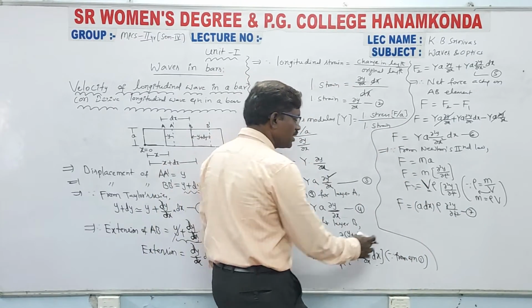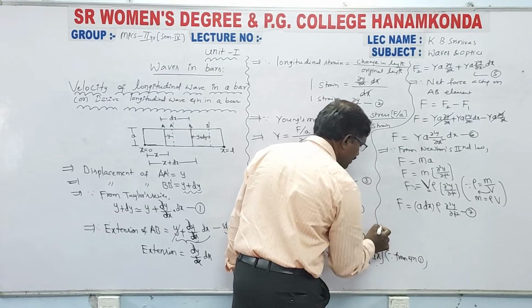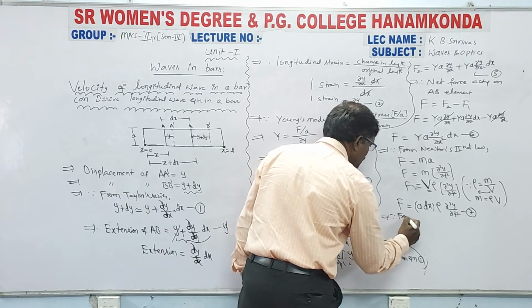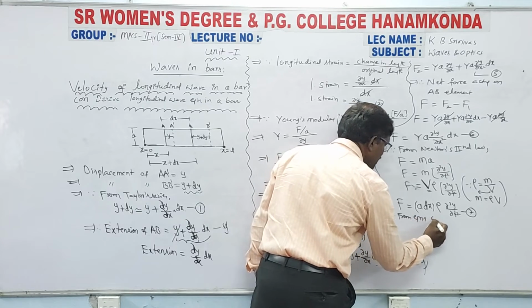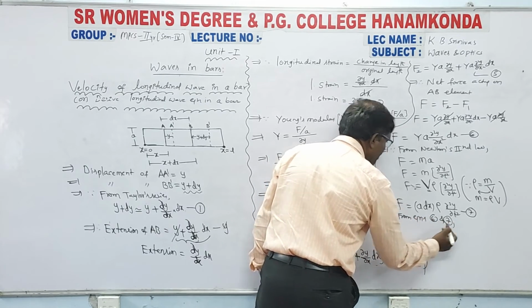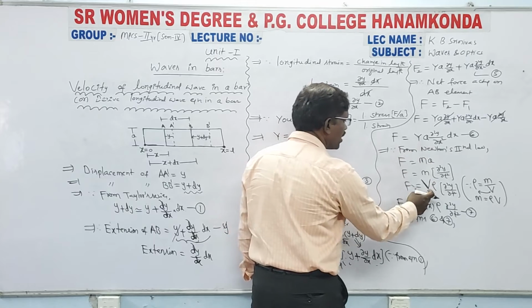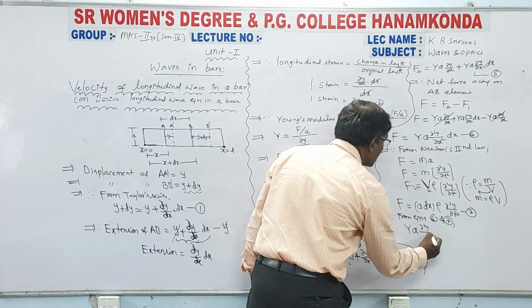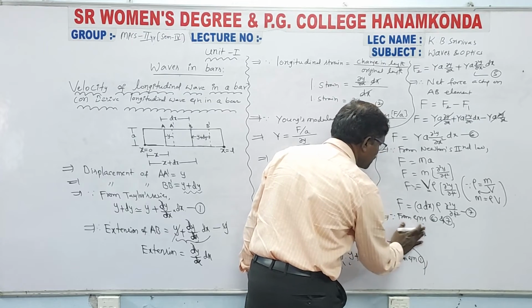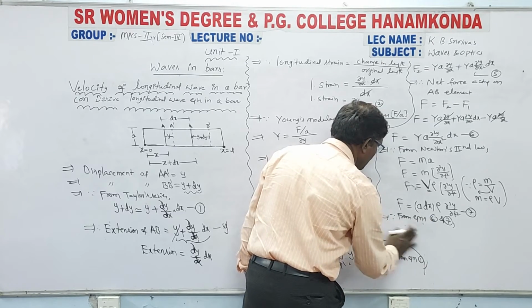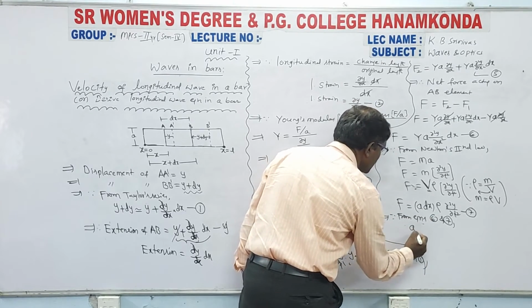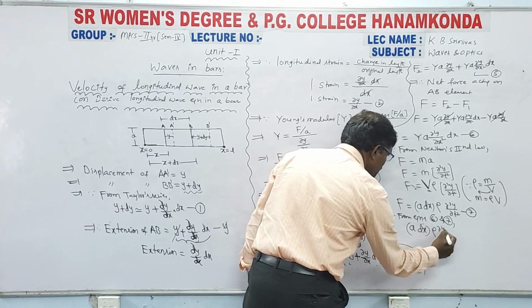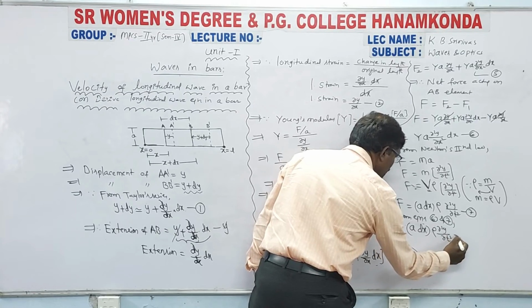Just look at equations 6 and 7, and you will get the final expression. Since equations 6 and 7 both represent the same value, simply you can equate the RHS. I am writing Newton's second law expression first, that is A dx into rho into ∂²y/∂t².